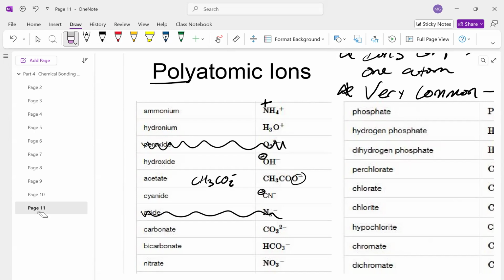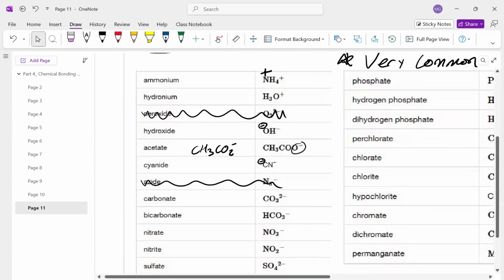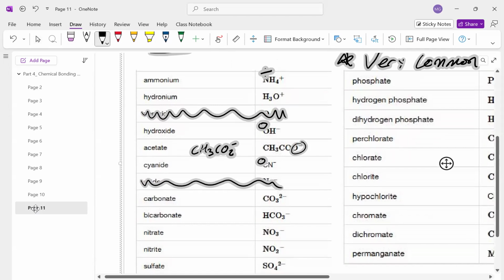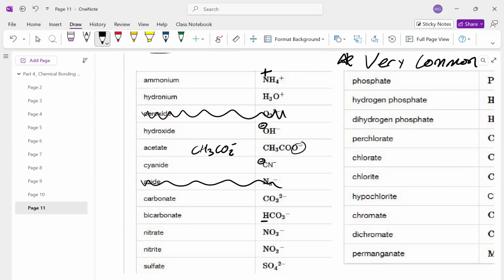Then we come to a couple of closely related ions, carbonate and bicarbonate. The difference between them is carbonate is CO3 minus 2. Bicarbonate has that hydrogen on there and a charge of -1. Now, the next two ions illustrate kind of a naming trend. Notice that nitrate and nitrite only differ by one oxygen atom.